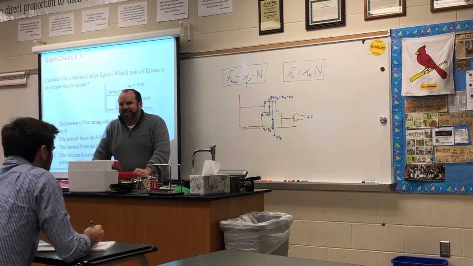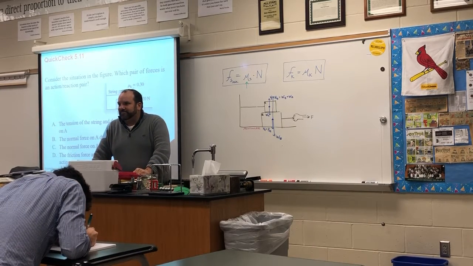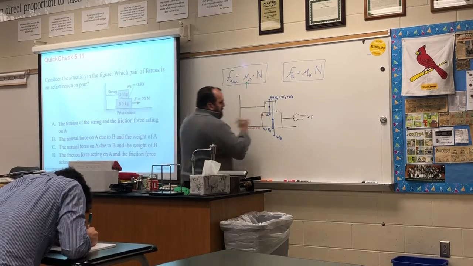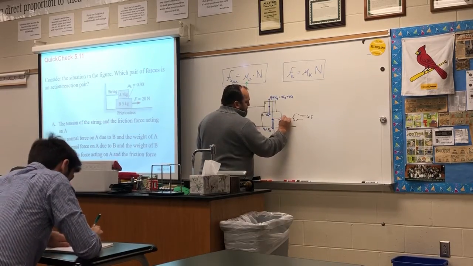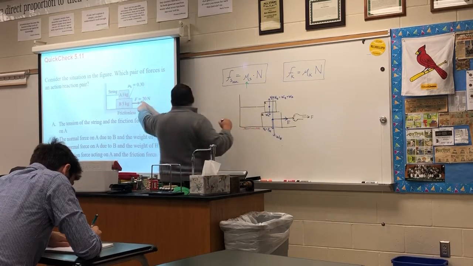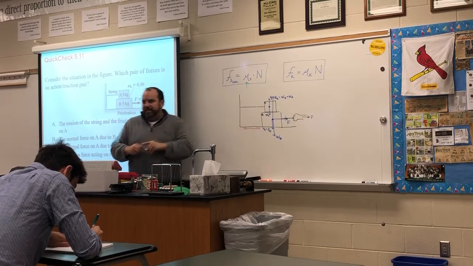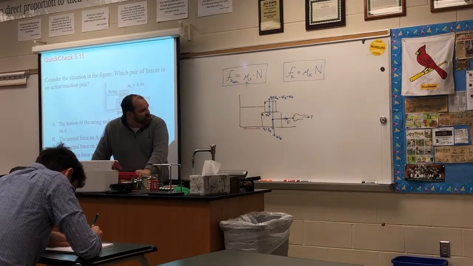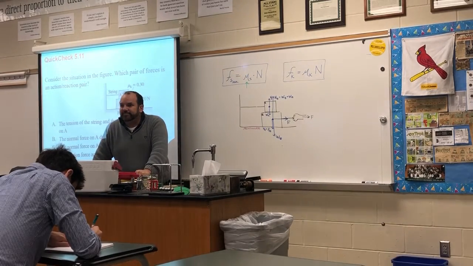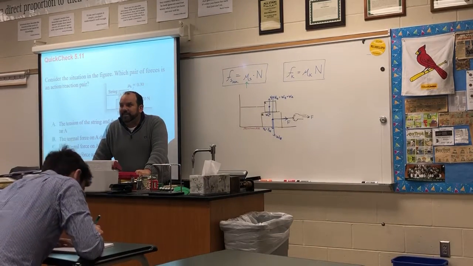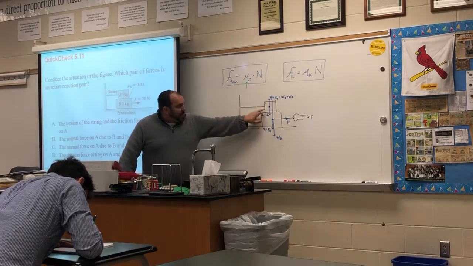What else do we have acting? The force of you pulling. Let's do that. That's the force applied, that F, that 20 newtons. Everybody got it? Is that the only force that block feels? The tension or friction. It feels friction. Not this friction, but it feels friction there.